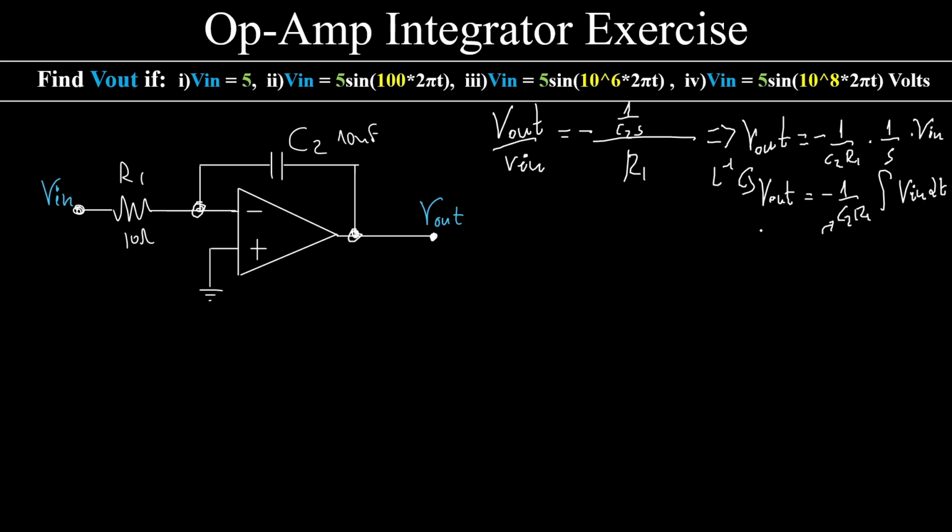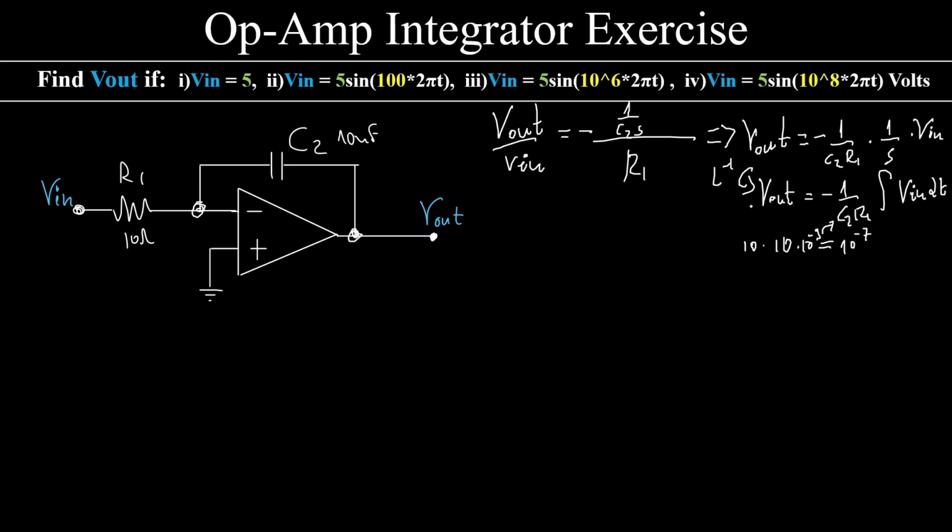C2 is 10 nanofarads, so it should be 10 times 10 to the power of minus 9. R1 is 10 ohms, so this will be 10 times 10. So all of this will be equal to 10 to the minus 7 in the denominator, which will become 10 to the 7th in the numerator, with a minus in front.